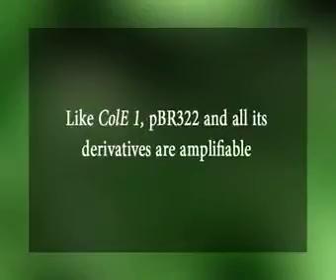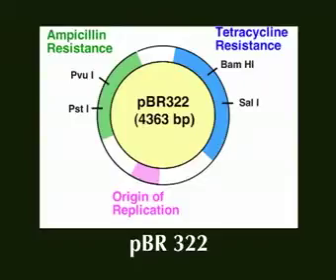But this number can be amplified by incubating a log phase culture of ColE1 carrying cells in the presence of chloramphenicol. Like ColE1, pBR322 and all its derivatives are amplifiable, which makes it very simple to isolate large amounts of these plasmids. pBR322 contains two antibiotic resistance genes.